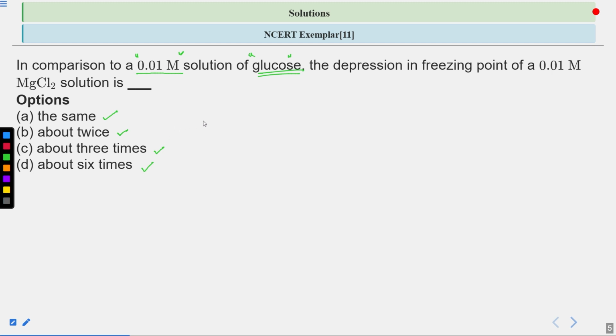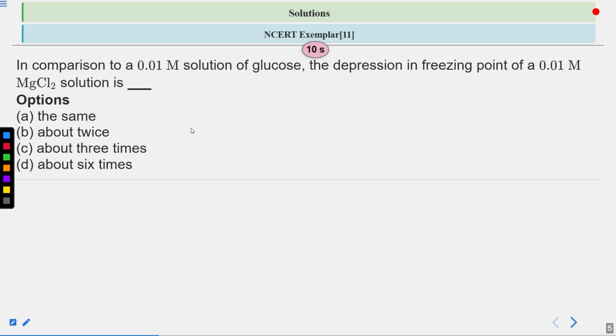Okay, so we have been given 2 different solutions with 2 different concentrations. You have to compare their depression in the freezing point and then tell the answer. Okay, so you have some time, go through it and try to solve it.